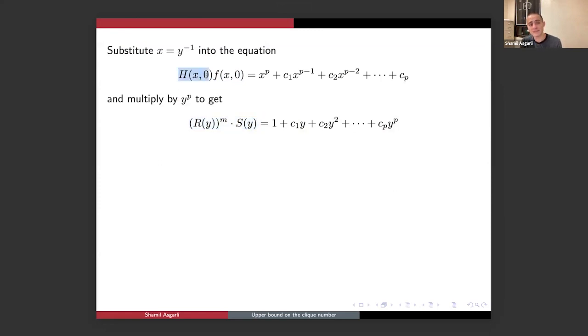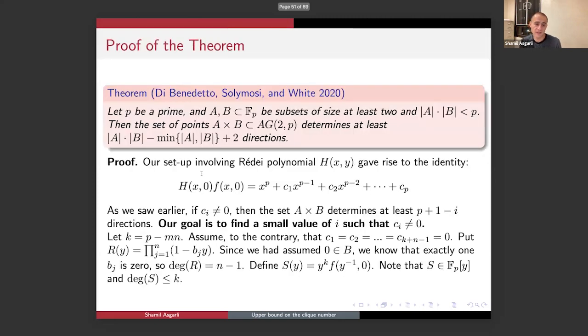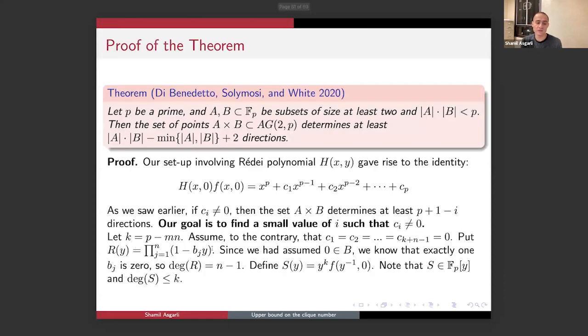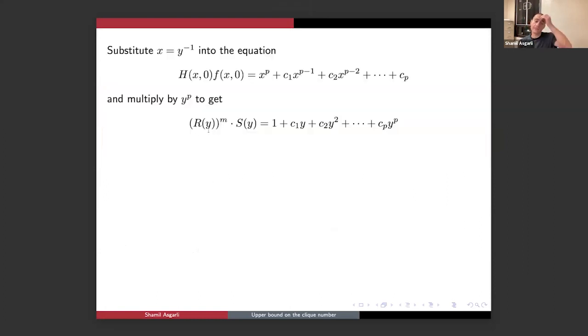That's because if you look at the definition of h(x, y), the Rédei polynomial, if you plug in y equals 0, you're just getting these terms. Because in the Rédei polynomial, there was a term involving ai's, but those are gone. So you just get R(y) to the m.